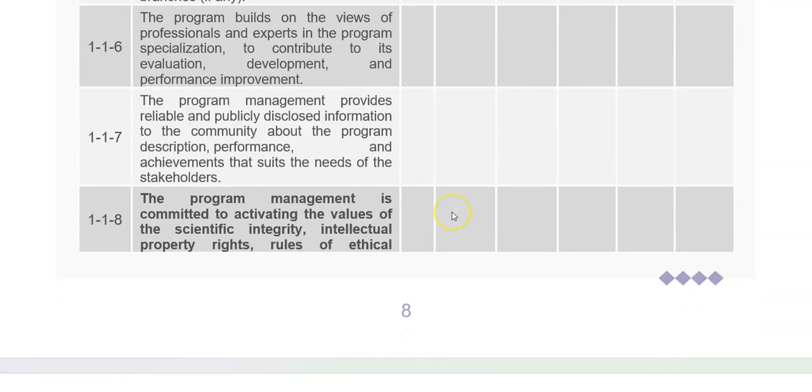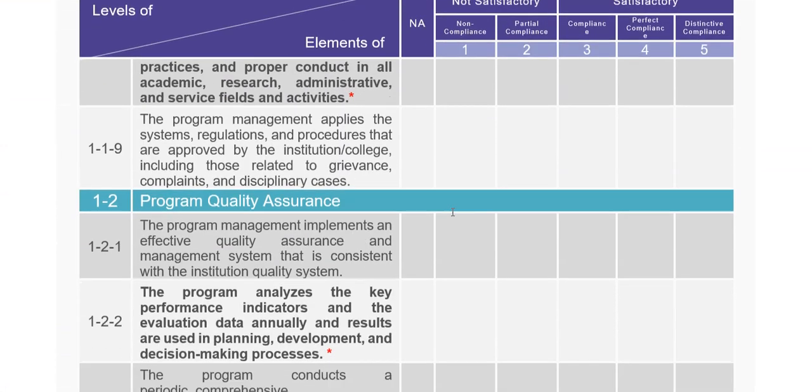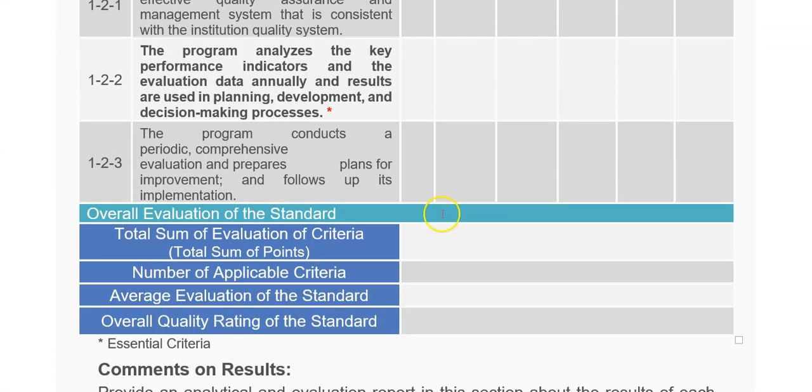For the calculation of the overall rating, you have to sum the evaluation of all criteria, with total points and the number of applicable criteria, 12.